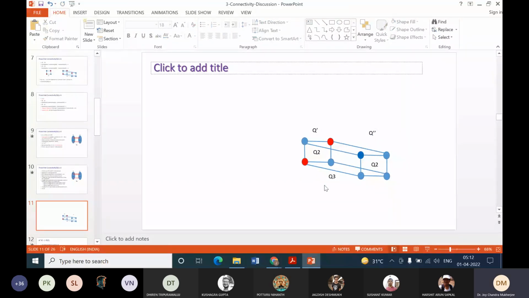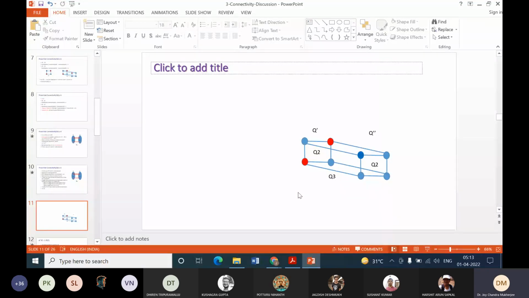Suppose S is a vertex cut of Q3 and it is also a vertex cut of this Q prime. Now for Q prime, Q2, from induction hypothesis we have proven that its connectivity is equal to 2. So S must have at least 2 vertices from Q prime.